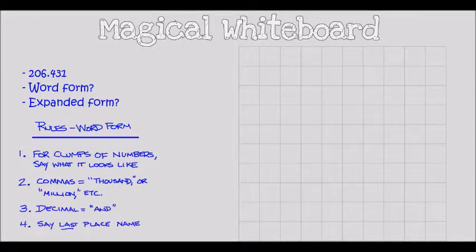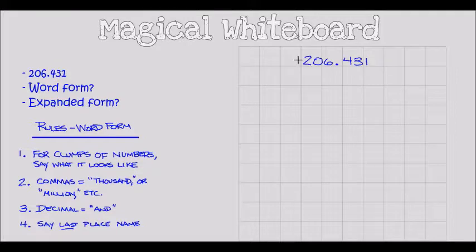At the decimal point, we just say the word and, not point. And if we're talking about a decimal number, the very last thing we say is the last place name of our number. So let me show you how this works. 206.431. Rule 1 says, for clumps of numbers, say what it looks like.